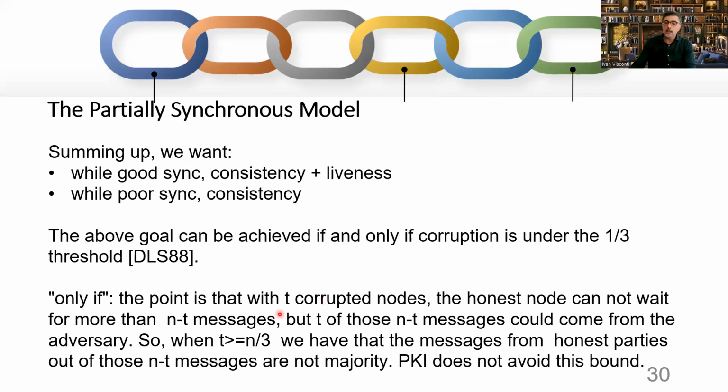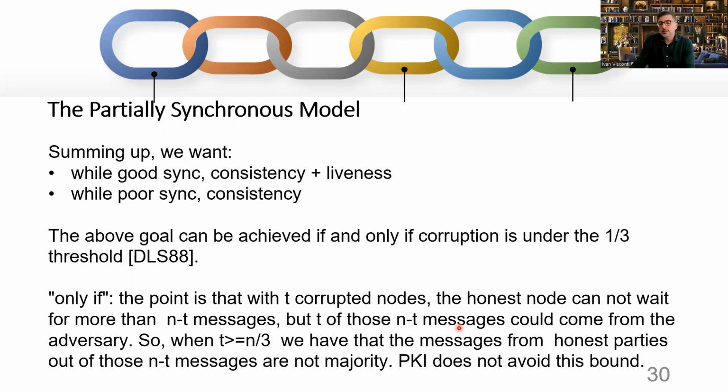Let me give you an idea about this bound, because the intuition is very simple. The point is that if you have T corrupted nodes, the honest node cannot wait for more than n-T messages, because those T corrupted nodes might not send their messages at all. So an honest node must proceed after n-T messages. But if you proceed having only n-T messages, you must take into account the possibility that, out of these n-T messages, T of them could come from the adversary itself, okay?